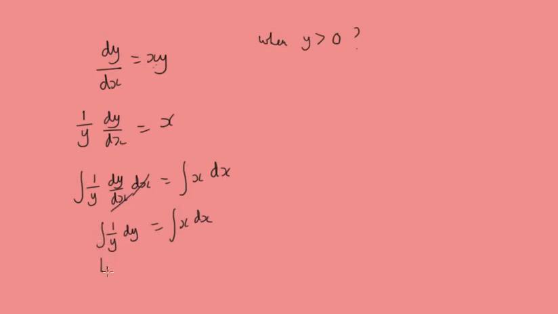So we'll get the log of y plus, now we're going to call it a constant a, equals x squared over 2 plus, we'll call it b, which can be rewritten as the log of y equals x squared over 2 plus our constant c. So we can just group the constants together and call it this.